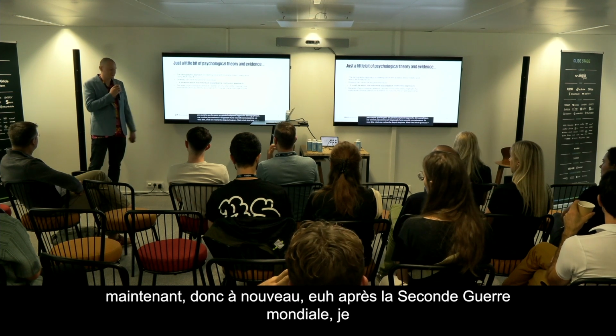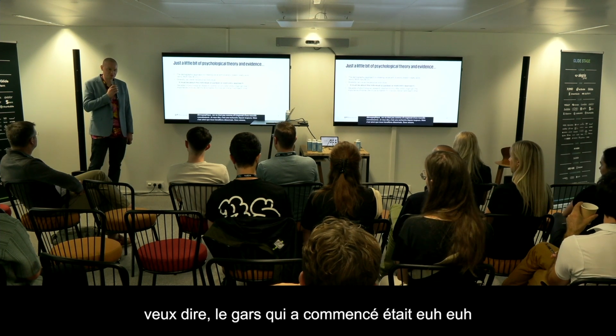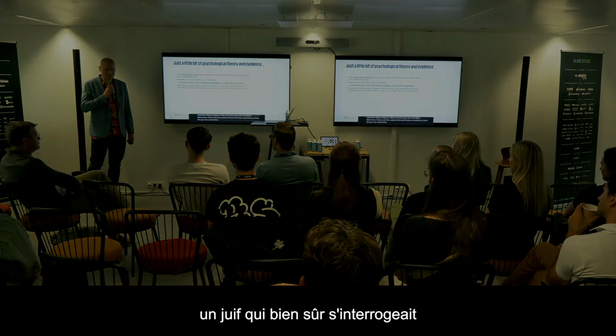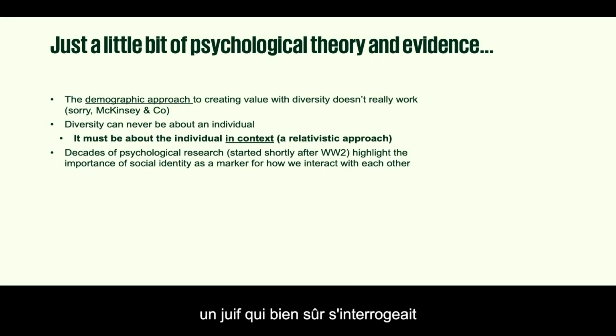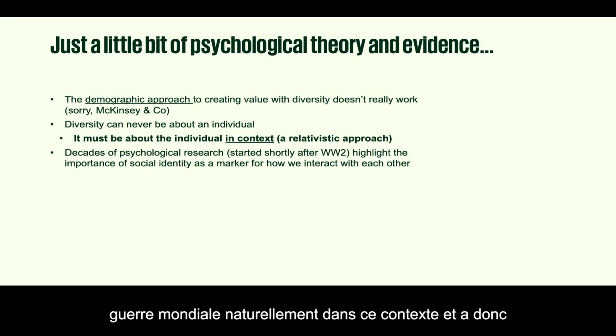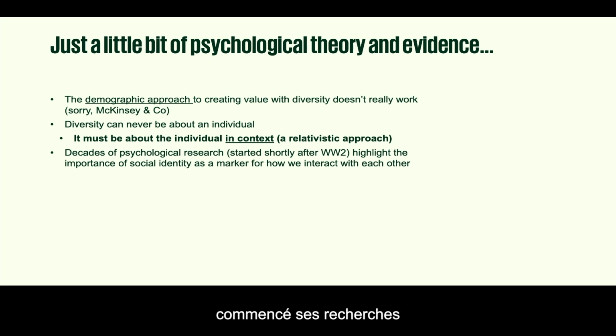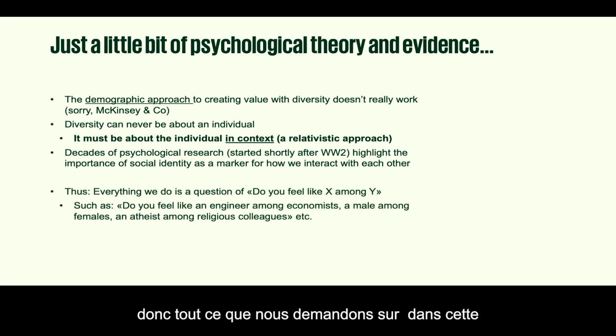After World War II, the guy who started this was a Jewish guy who was naturally wondering about some things from the Second World War, and so started his research. Everything we ask about in this survey that we've developed is the relativistic approach. How do you feel compared to other people in your context?